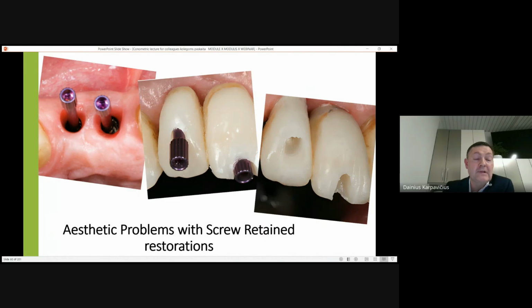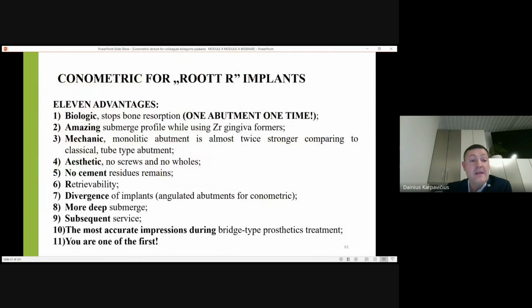And of course, in such cases, we can find a solution: not cemented, but fixation with a conometric, with the possibility of retrievability, or to remove the prosthetic if it is necessary, might be after a year, or after 5 years, or after 10 years, no matter.